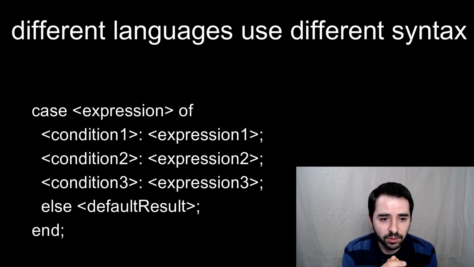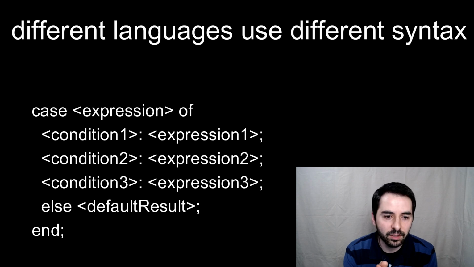Okay, so another example. I don't know which programming language I picked this from, but this is another form of writing it. As you see, this example is using the case keyword, not switch, but in essence it's the same. So it's again case, expression, and then of, and then instead of cases we have when.